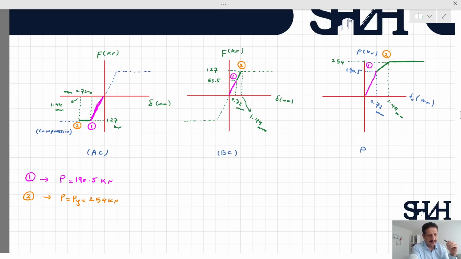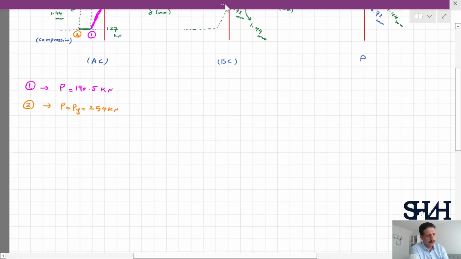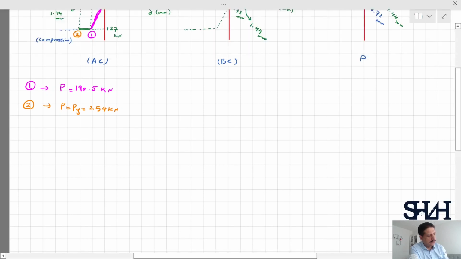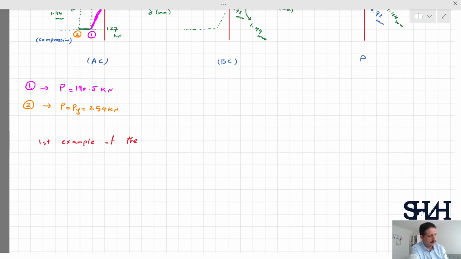And the next phase is that one of the elements is yielded and the other one is still below the yield limit. So something between 190 and 254. So first example of the load: P is going to be 160 kilonewton.